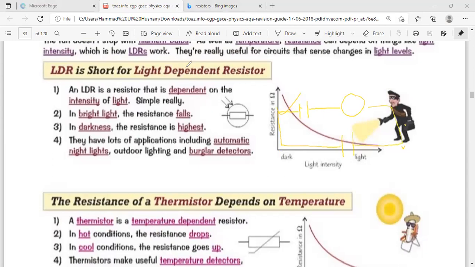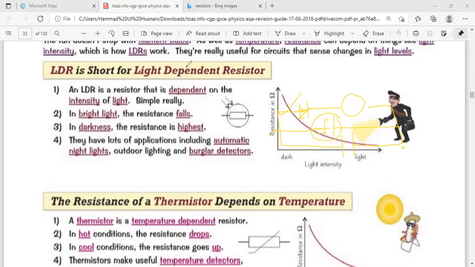Now, what happens? If the intensity of light is high, it's daytime, and the LDR is connected over here. The resistance of this LDR is small.